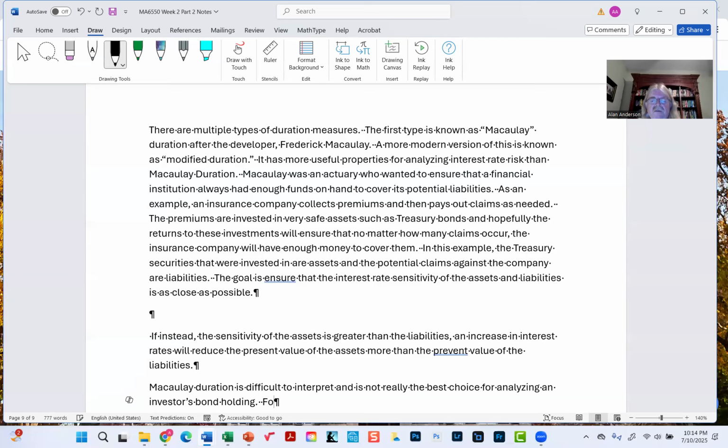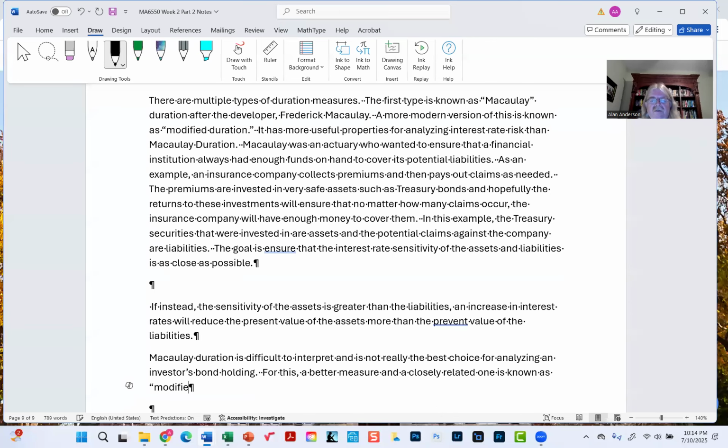For this, a better measure, and one that's closely related, by the way, is known as modified duration. I don't think anyone knows who invented it because otherwise their name would be attached to it.